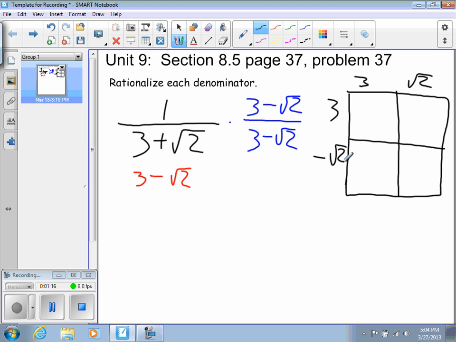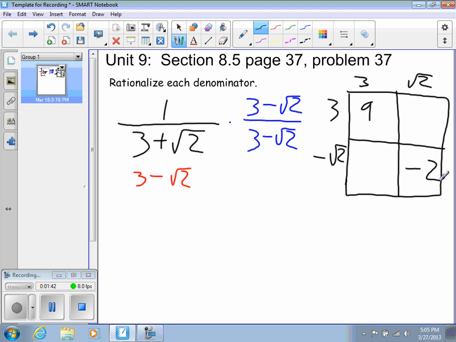And when we do that, and we're multiplying the bottom right now, we're going to get 9 here. And right here, we're going to get, well, gee, the square root of 2 times the negative square root of 2. That gives us negative 2. Square root of 2 times the square root of 2 is 2. One of them's negative, so it's negative.